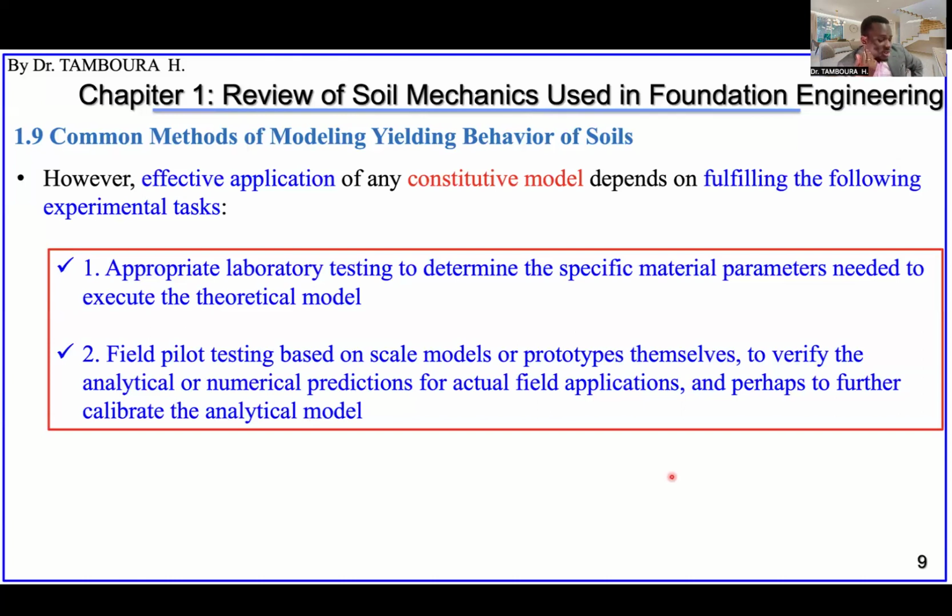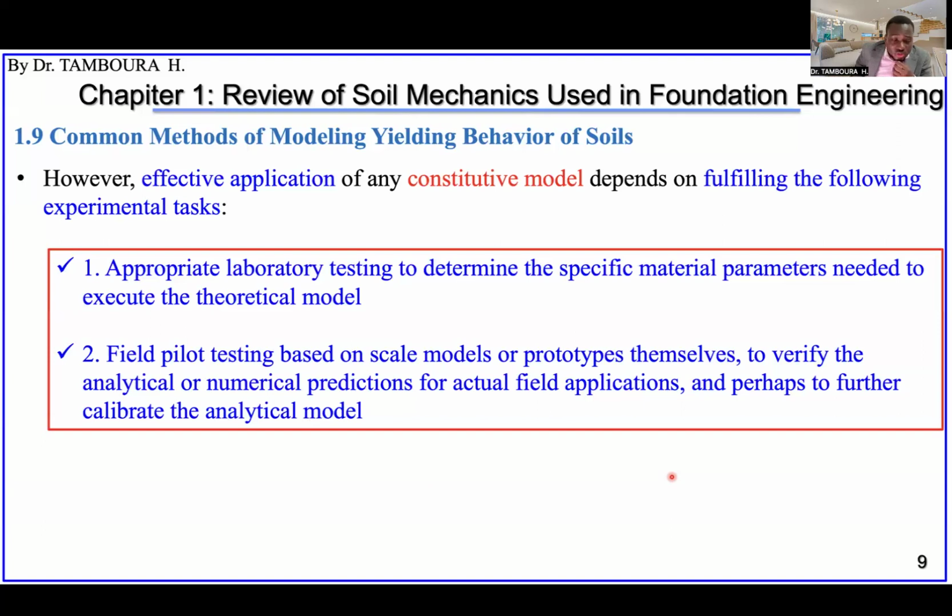So it means numerical model needs lab testing and sometimes field testing also. You do the lab testing to know... You don't have to do lab testing to have a soil parameter actually. You can do also field testing, for example, CPT test or SPT or any other field testing to obtain the soil parameter. But you need the soil parameter as input data.